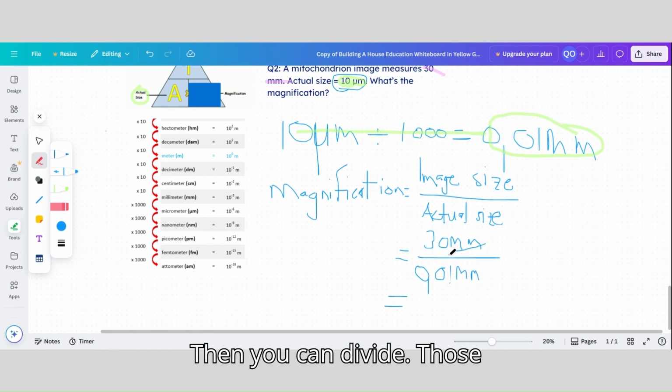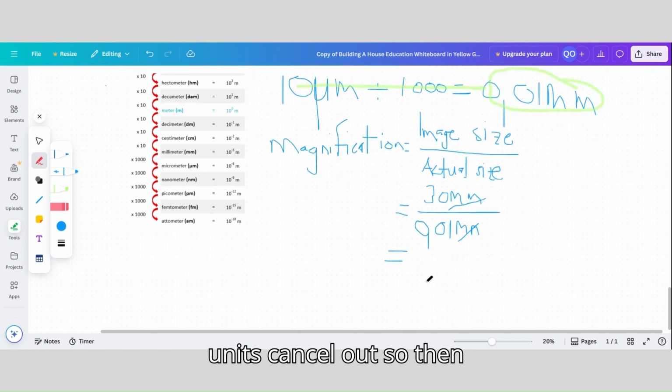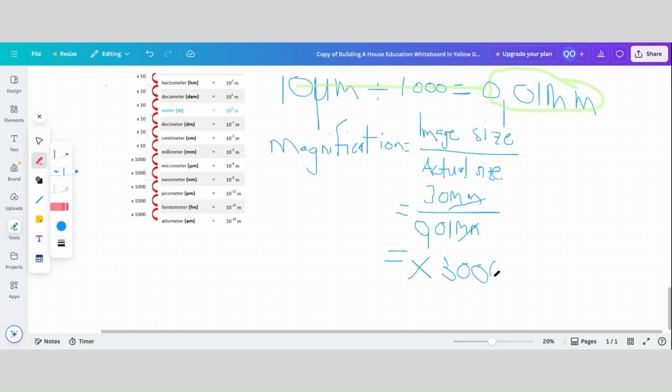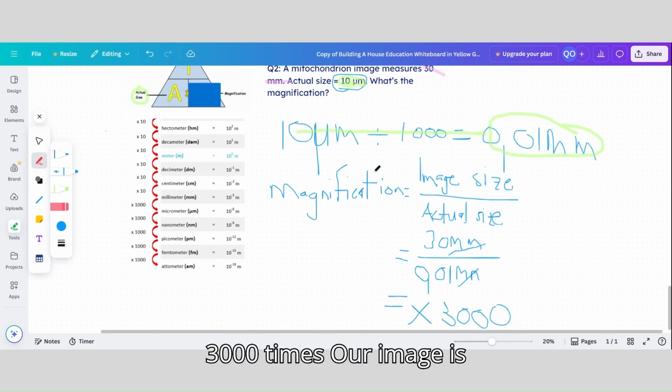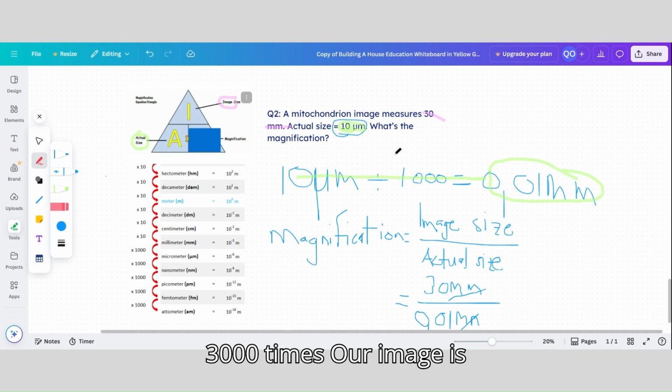Then we go and divide. Those units cancel out. So then our answer will be 3,000 times. So our image is 3,000 times enlarged.